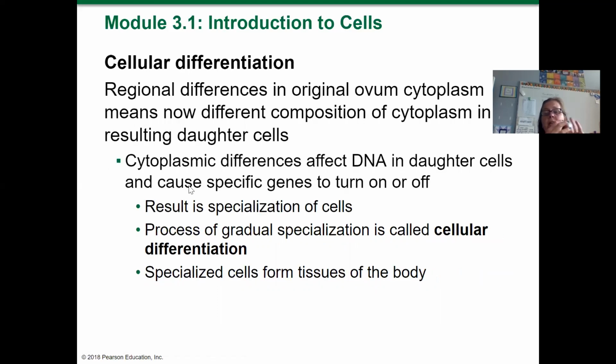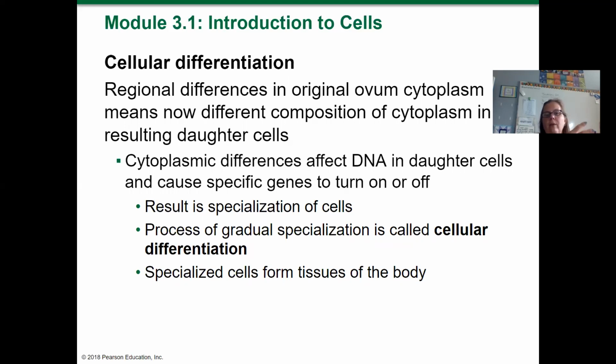Differentiation is when the ball of cells starts to get some regional differences. And what that means is there's kind of a head region and a tail region, so to speak. And then some of the layers of the embryo start to develop certain functions. And so they start to differentiate.